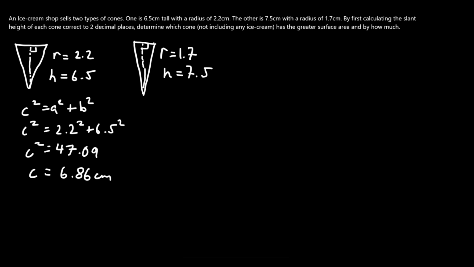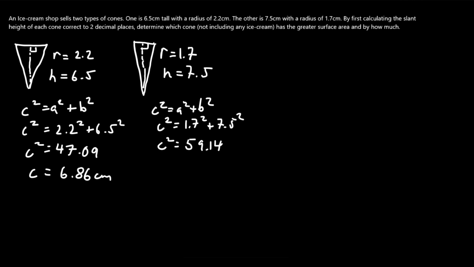Now we have to do the same thing with our other cone. So c squared equals a squared plus b squared. C squared will equal 1.7 squared plus 7.5 squared. C squared will equal, I'll give you guys a bit of time to work that out. 59.14.